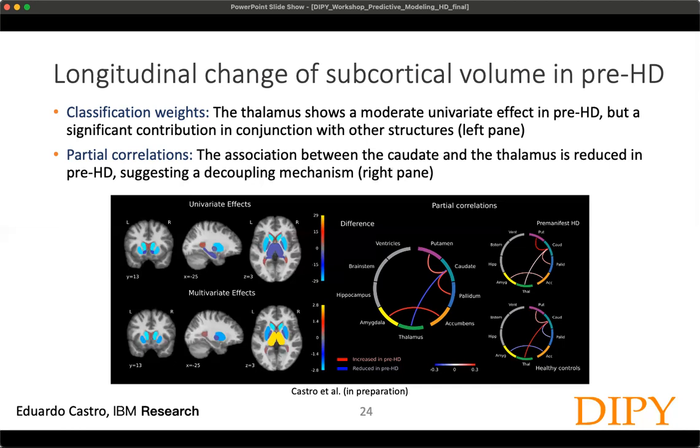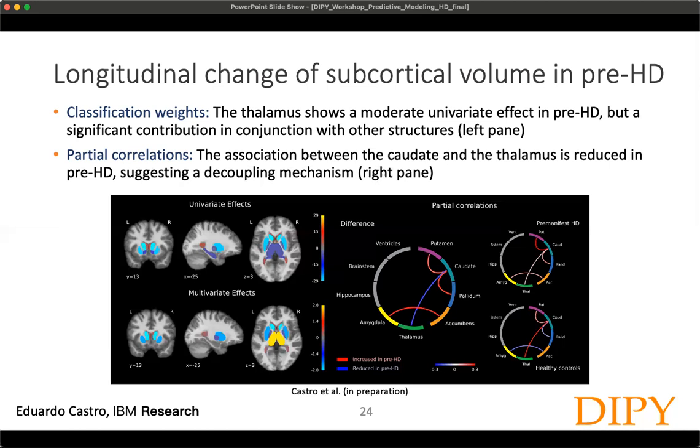which we interpret as a finding that tells us there's a reduced association between these two structures, potentially suggesting a decoupling mechanism between them. So while they undergo significant atrophy, their trajectories are not that correlated.